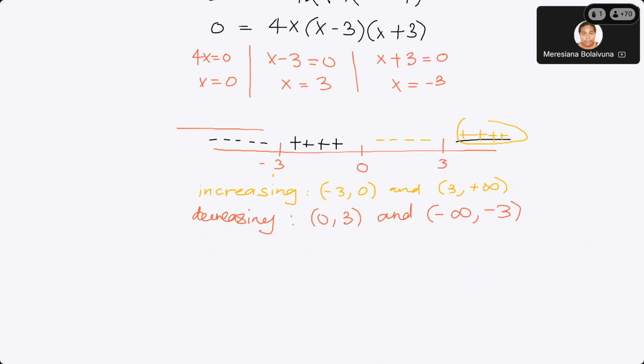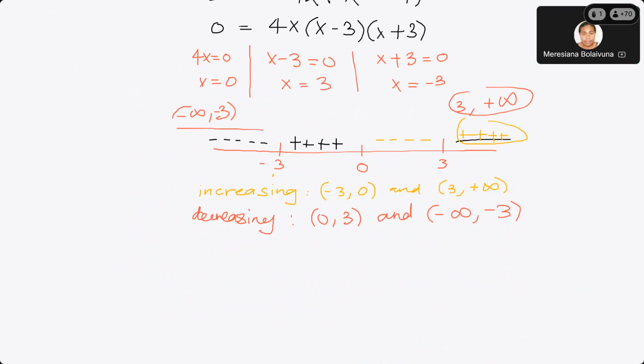Right? This part is 3 to positive infinity. This region is negative infinity to -3. All clear? Do you understand how to write intervals? Okay.